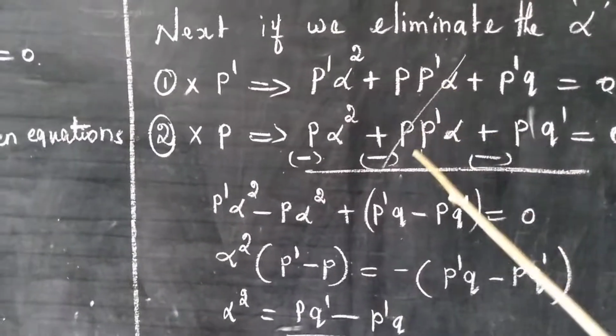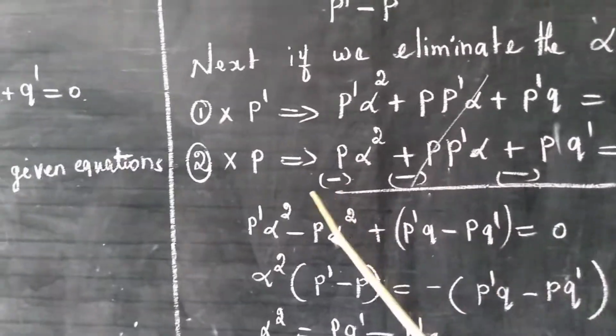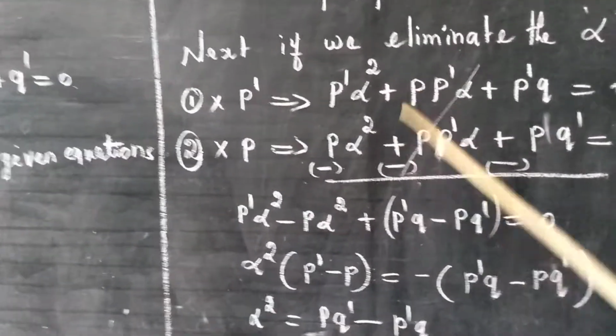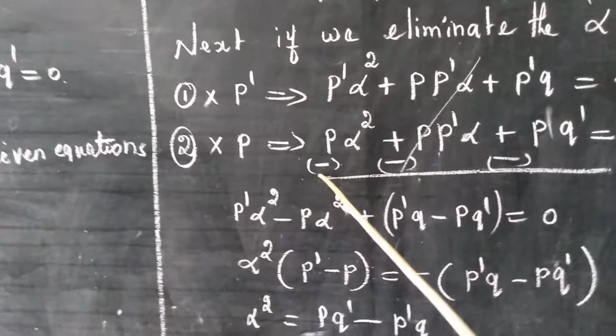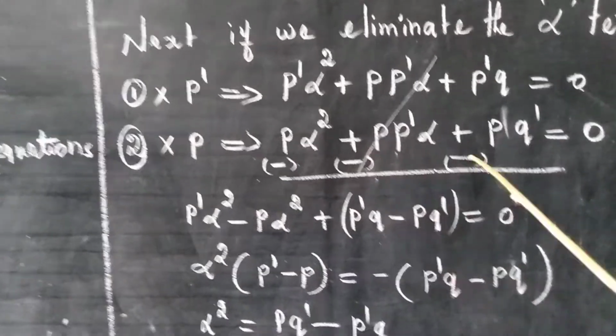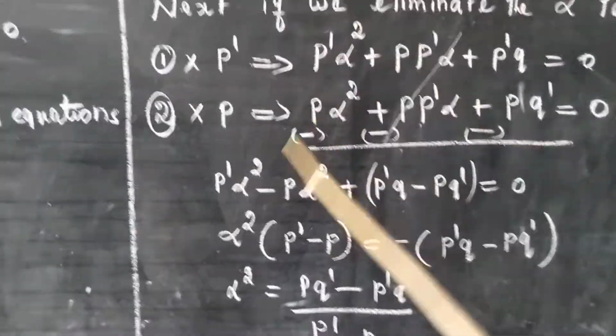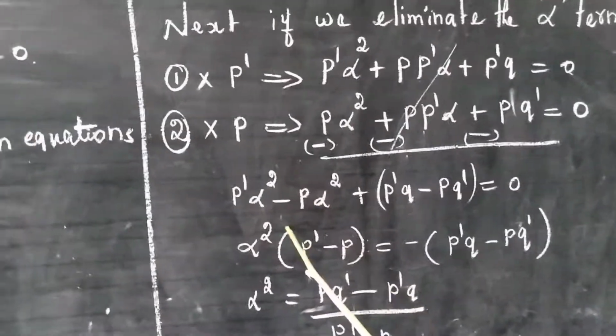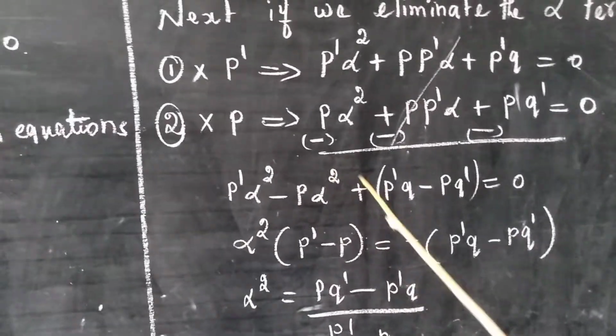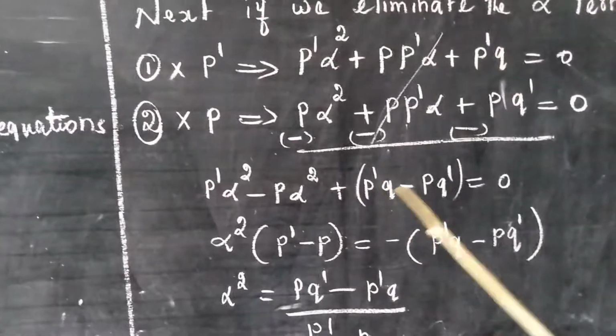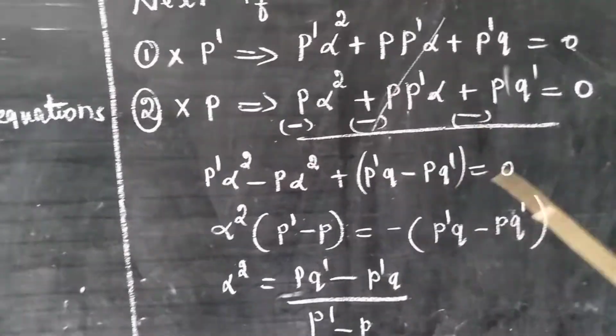Both coefficients are the same, so we change the sign of the second equation: plus changes into minus. These terms cancel. The remaining is p'α² − pα² + p'q − pq' = 0.